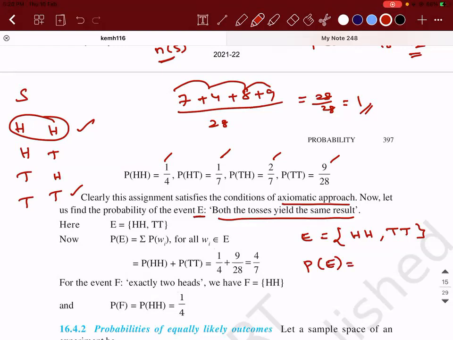Probability of event E to happen is 1 by 4 plus 9 by 28. So it will be 16 divided by 28, or this is going to be 4 divided by 7.